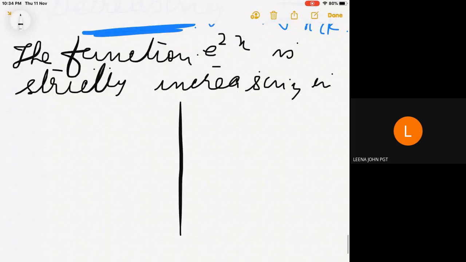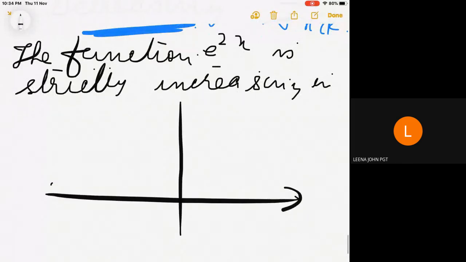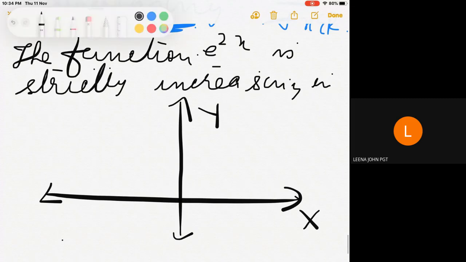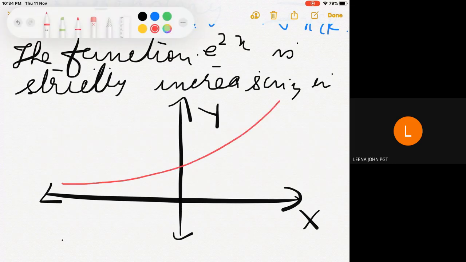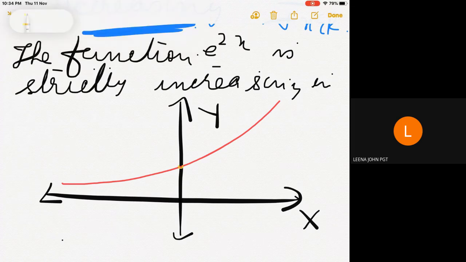You have already learned the graph of e raised to functions. The graph passes like this. It always passes through a particular point, this point is 0, 1. We can see that it is always increasing.